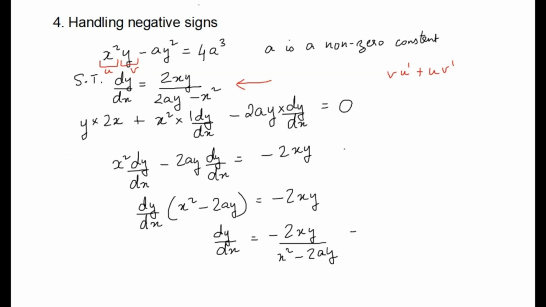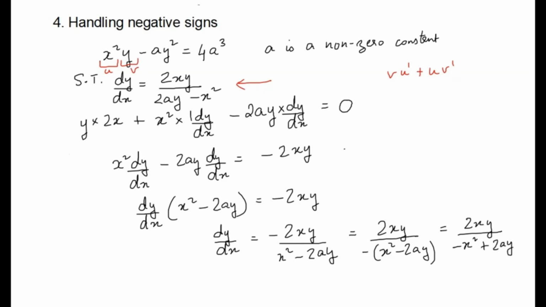The simplest way would be to just apply the minus sign to the denominator. So keep 2xy in the numerator and take the minus sign down. So it's minus (x squared minus 2ay), and then you apply that negative sign to the whole of the denominator. So 2xy over negative x squared and positive 2ay.